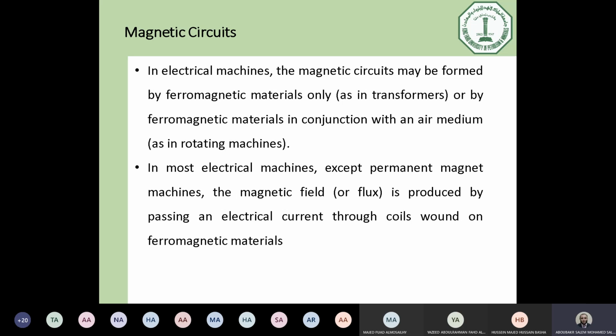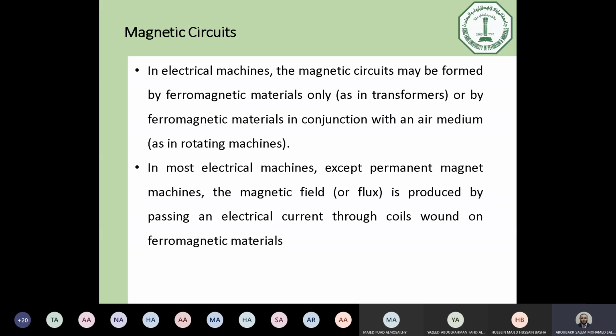Actually, a magnetic circuit is very important in transferring power and also converting power from one shape to another. For instance, for converting mechanical power to electrical power or electrical to mechanical, we need a magnetic circuit in order to transmit the flux between two different cores.